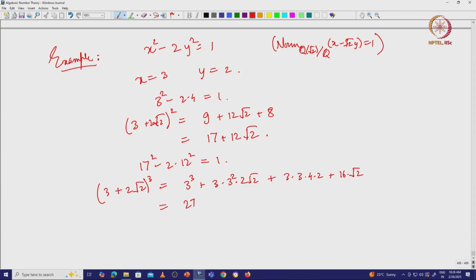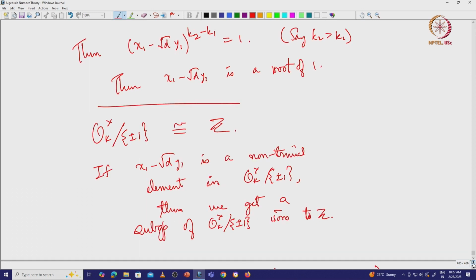So, this is 27 plus 9 into 8 is 72, plus 54, plus 16 square root of 2. So, this is 99 plus 70 square root of 2, right. So, this is another solution. So, 99 squared minus 2 times 70 squared is equal to 1.